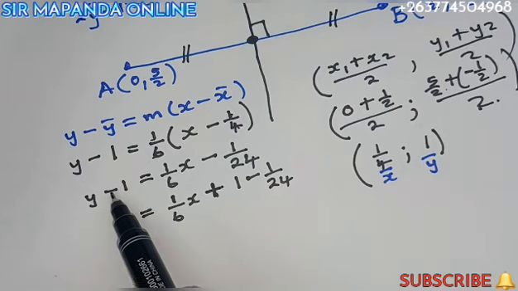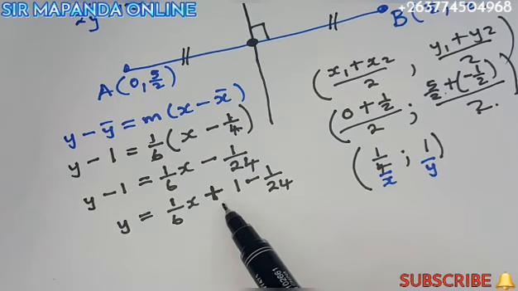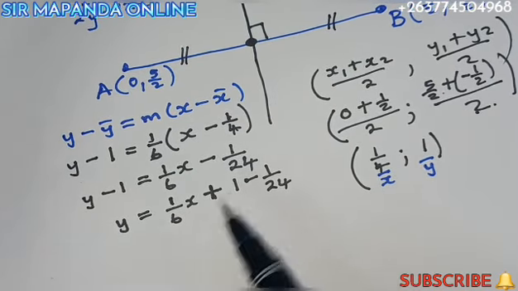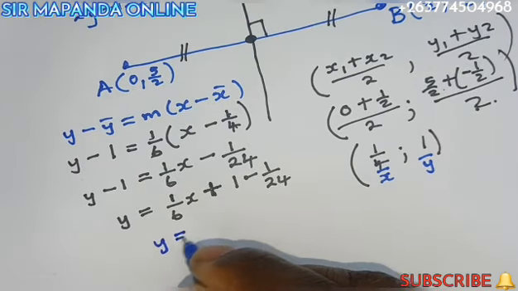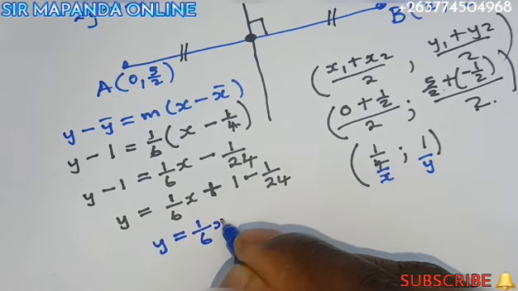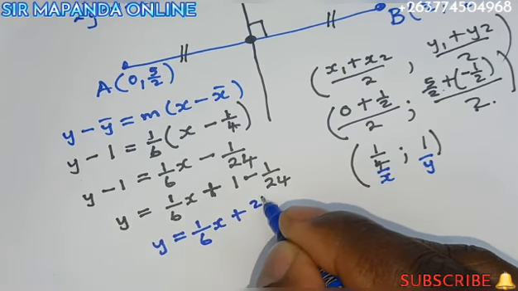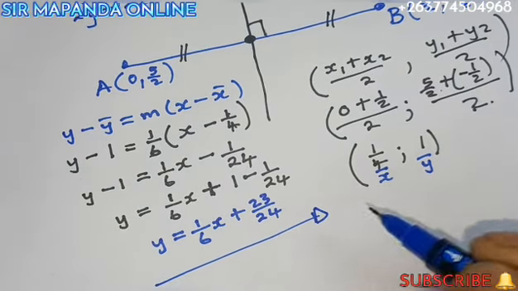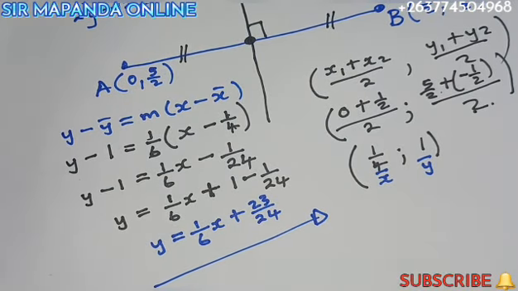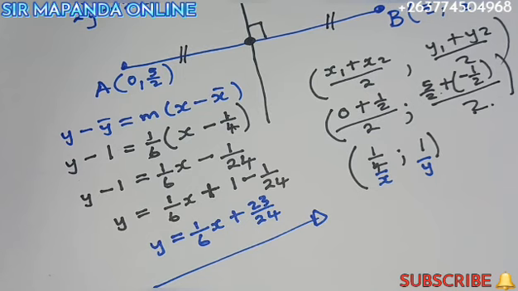Remember this negative 1, if it is moved to the right, you get plus 1. So plus 1 is as good as 24 over 24. So 24 over 24 minus 1 over 24, you get 23 over 24. Meaning to say your answer is y is equals to 1 over 6x plus 23 over 24 in the required form. Then you are home and try. I hope you are following.